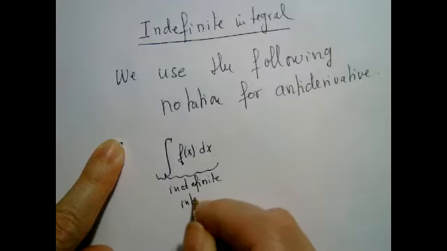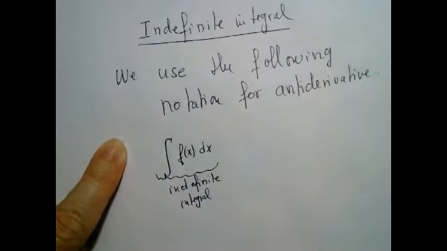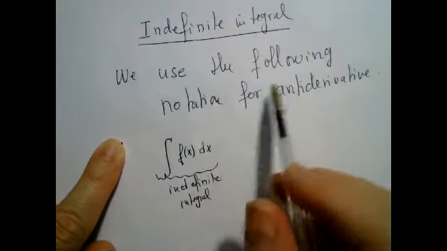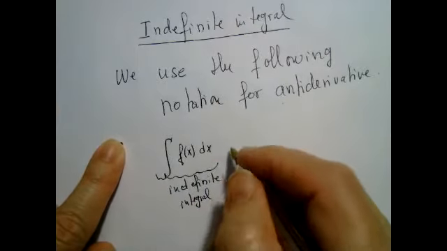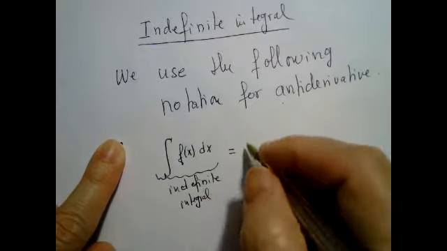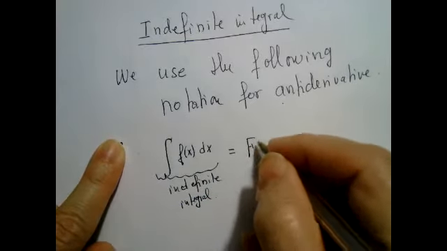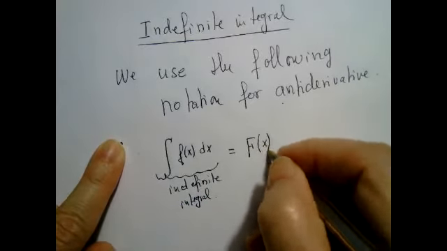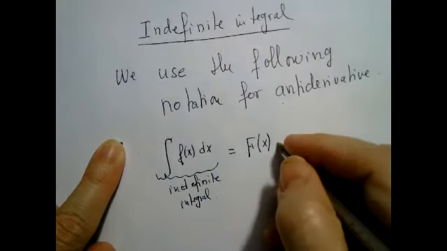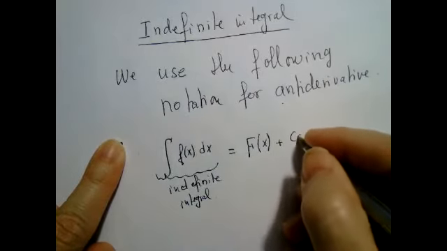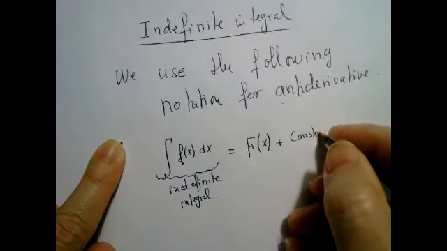Now where the notation comes from will be very clear next section, but now we have to start getting used to it. So we use the following notation for antiderivative: the integral of f of x dx is nothing more than the antiderivative of f plus a certain constant. I'm going to write constant, but usually we write c.